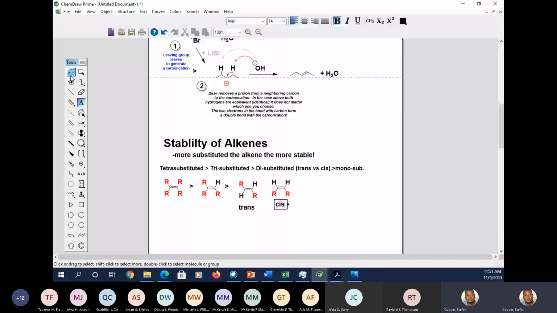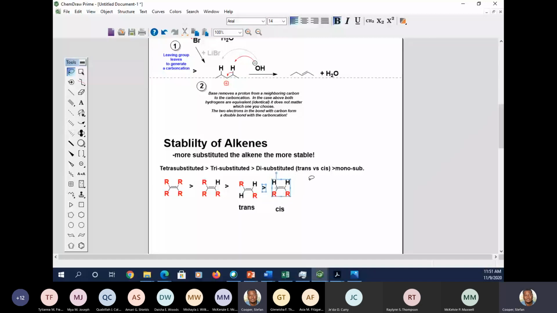And how do I know this is cis? My 2 R groups are on what? They're on the same side. Same side, that's right. So out of the di-substituted class, trans is more stable than the cis.